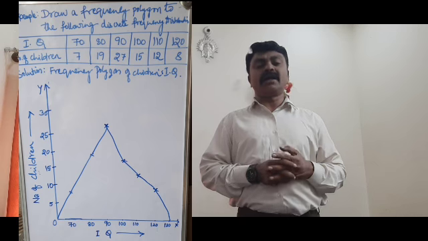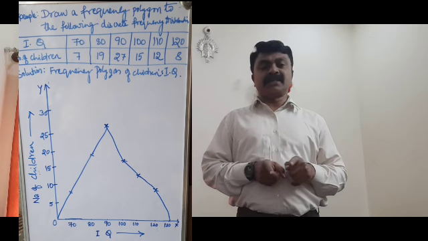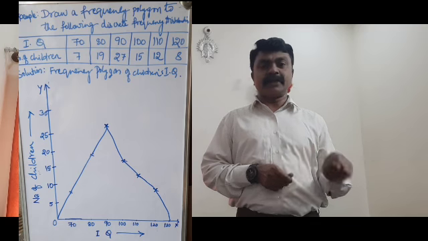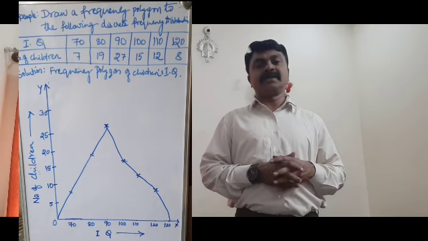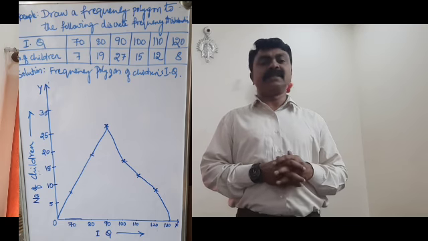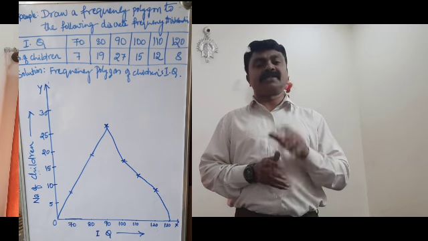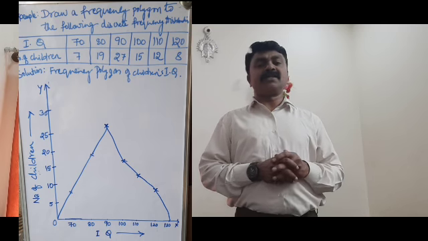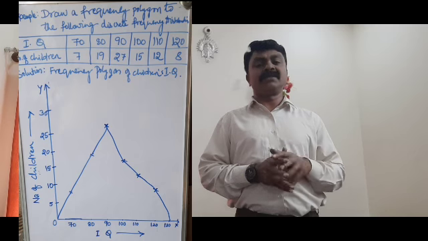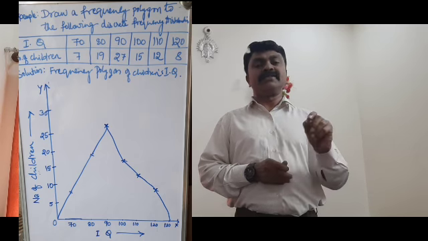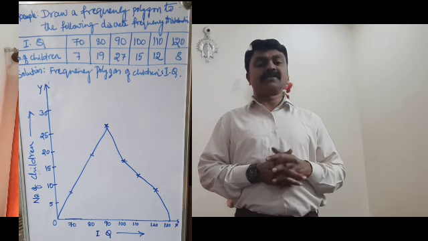According to that, you represent the discrete values along the horizontal line, and on the vertical line the number of children, that is, the frequencies, are assigned. On the y-axis, one unit is equal to 5 centimeters.